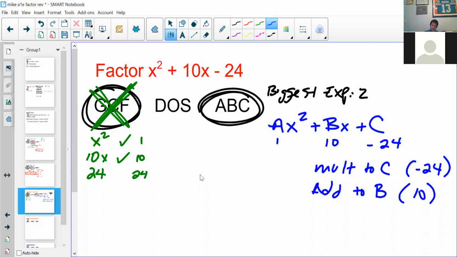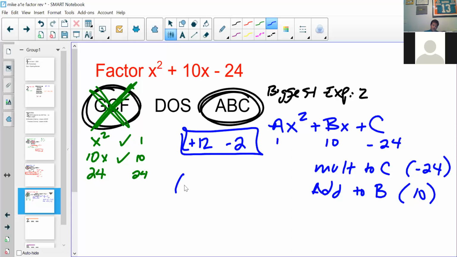And hopefully you recognize that if I take the numbers positive 12 and negative 2, if I multiply them together, it's negative 24. If I add them together, 12 minus 2 is 10. So those are the 2 numbers that we want to lock in on.